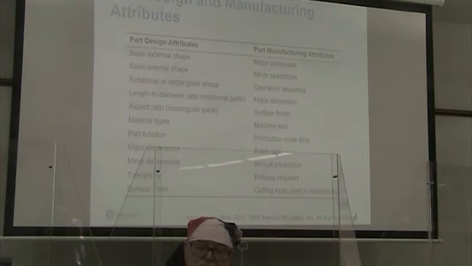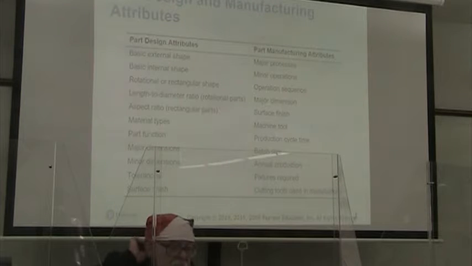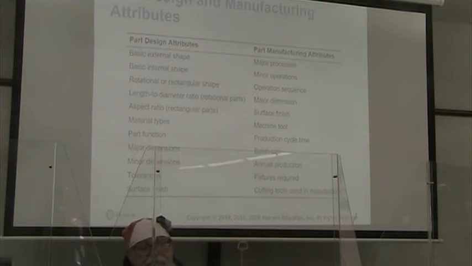When we talk about the manufacturing attributes, that could be by the major processes, by the minor process operations, the operation sequence, the major dimension of the part, the surface finish, the machine tools used, the production cycle time, the batch size, the annual production, the fixtures required to make it, and or the cutting tools used in the manufacturing.